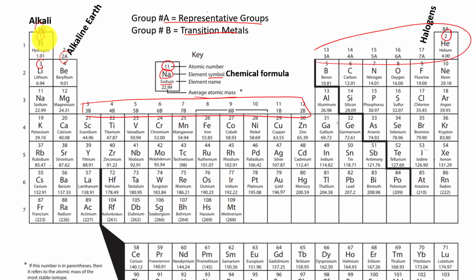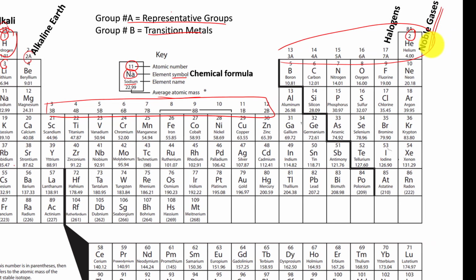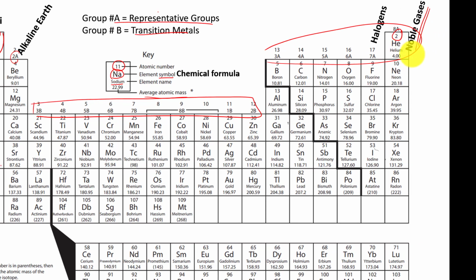Well, in group 1A, the only thing that we need to be aware of is the hydrogen right there. That hydrogen is an exception. It is actually a nonmetal. It is not a metal at all. And lastly, we have the noble gases, which are the most important group of all, because this is the only group that is considered to be inert or stable.